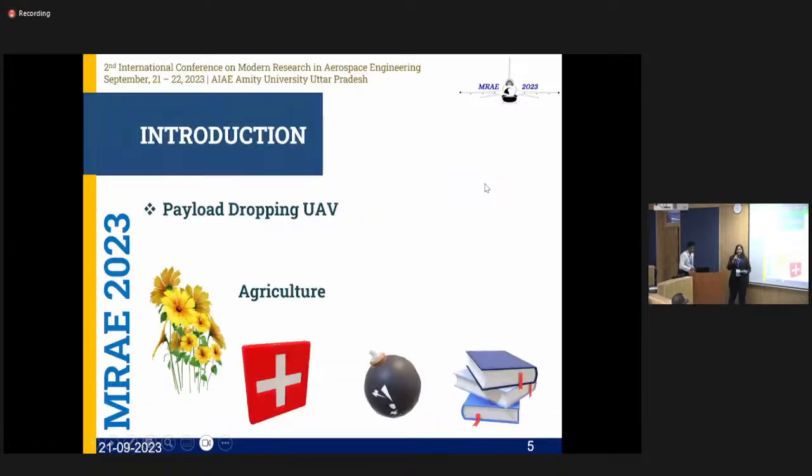Basically, I wanted to participate in a competition in which we had to design a payload dropping UAV, but there were a few problems which we faced. First one, we were amateurs. We had no idea how to design a UAV, especially a payload dropping one. Next, we had to design an extremely lightweight UAV under 2 kgs, but ultimately we ended up making it under 1 kg, so that's a good thing.